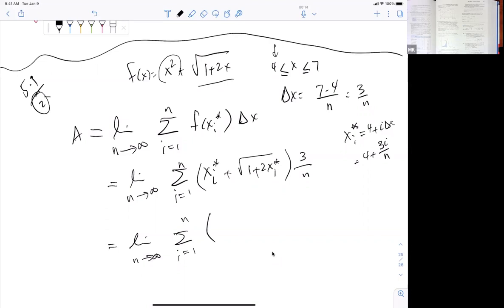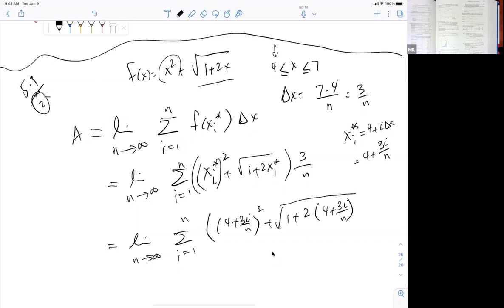So it's going to be 4 plus 3i over n squared plus square root of 1 plus 2 times 4 plus 3i over n, times 3 over n. So you replace it with the corresponding right endpoint.